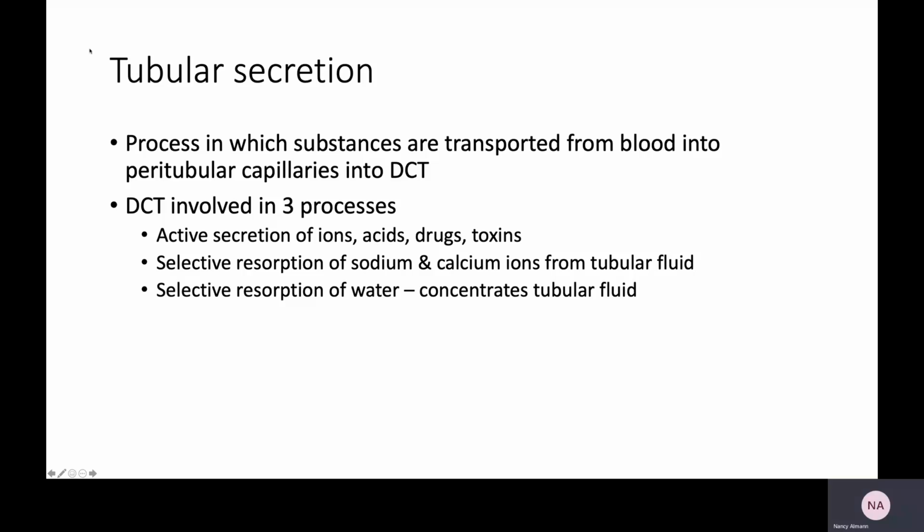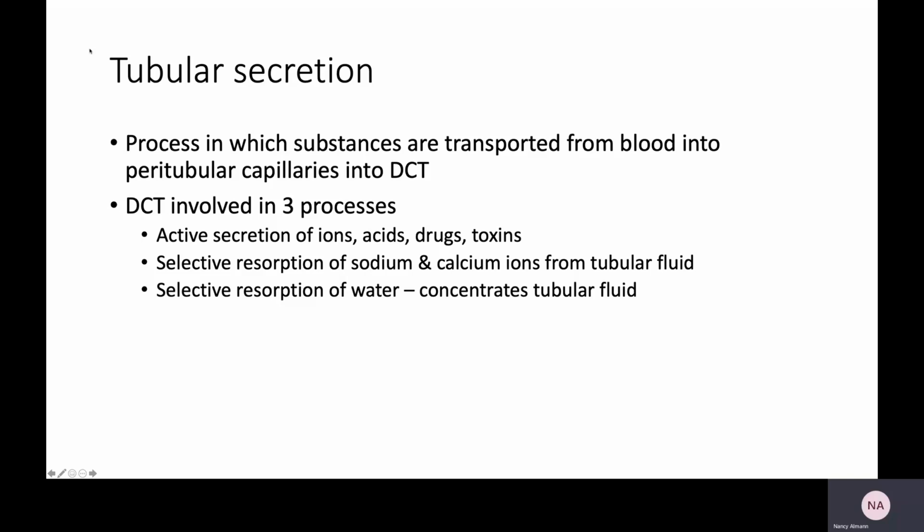So you'll remember that anything that is too big in the glomerulus can't get through those filtration slits and get picked up by the Bowman's capsule. So you have a whole bunch of stuff, drugs, toxins, various acids, some ions, etc., can't get through, and you need to get rid of them. So how do we do that? This is how we do it.